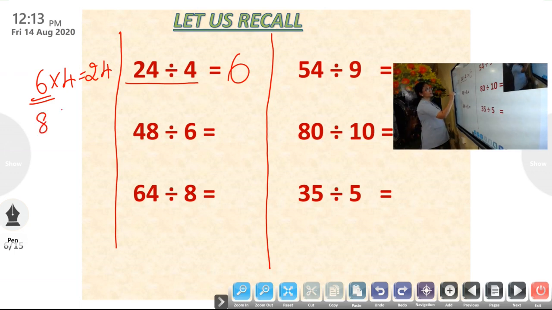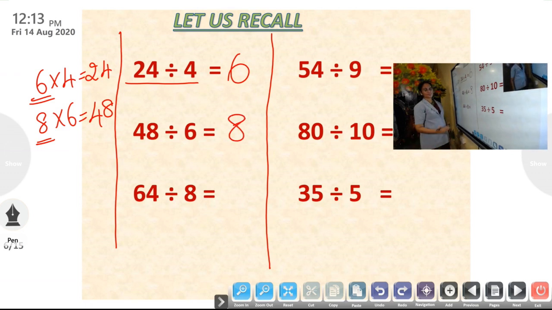So 8 into 6 gives 48. So what is 48 divided by 6? Yes, the answer is 8.